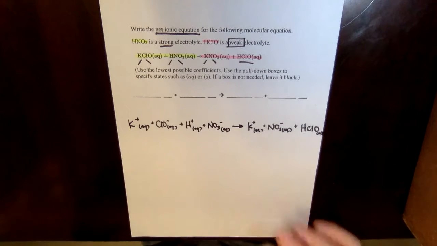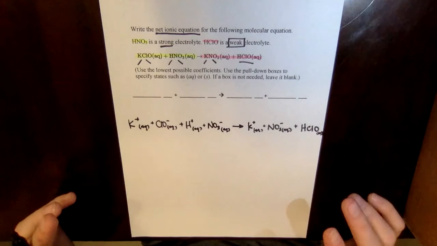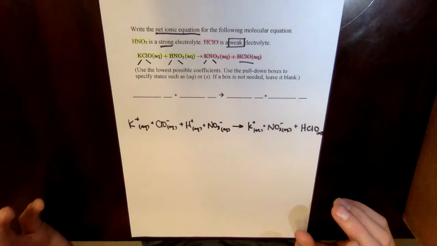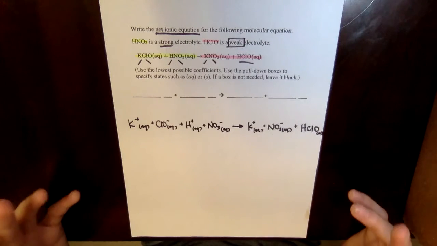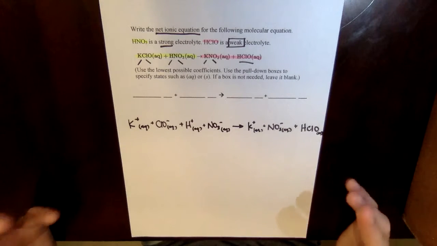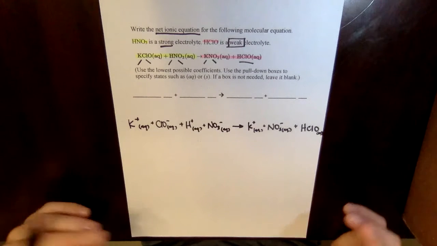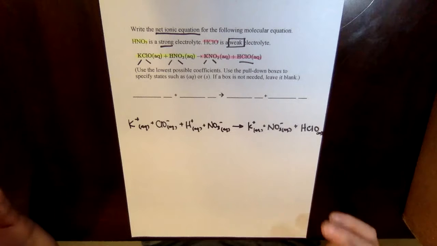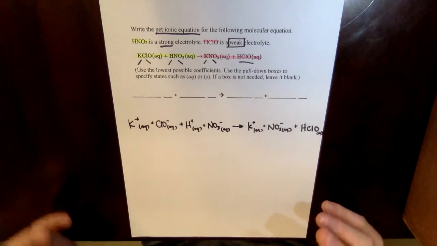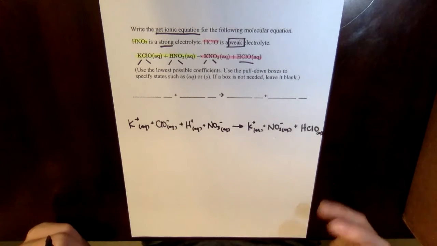Okay? Now, once we've broken up all of our ionic compounds into their respective ions, we get to cancel out or ignore whichever elements or compounds are the same on the left side and the right side. So the ones that go unchanged from the beginning to the end.